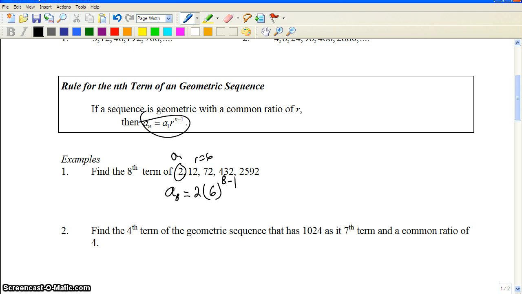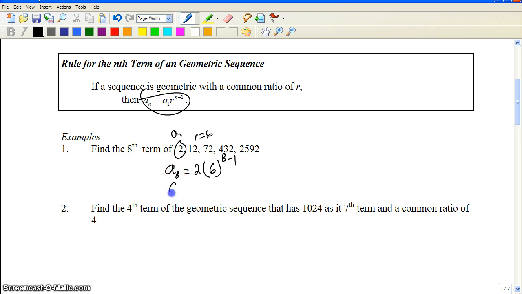That's not paying attention to the order of operations. The order of operations says you do the exponents first. So do the exponents first. Please don't multiply those two things until you do the exponent. So you get 6 to the 7th times 2, which is what number? Have you guys gotten that yet?